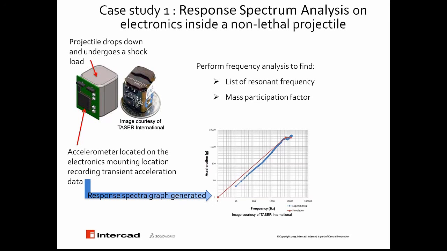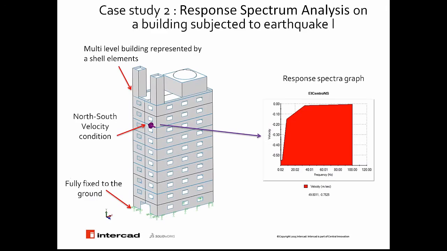Okay, so this would be our first case study, and in the next case study we're going to have the same sort of testing on a shell structure building, and simply we have a velocity field. As you can see, this is my response spectrograph.